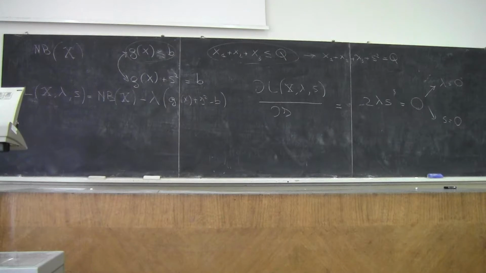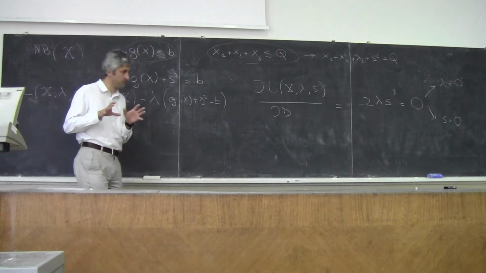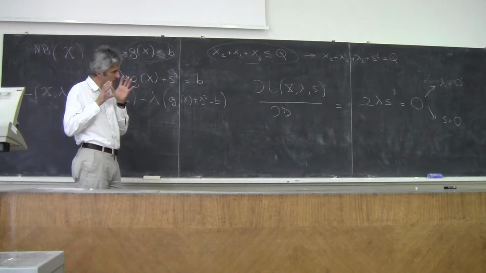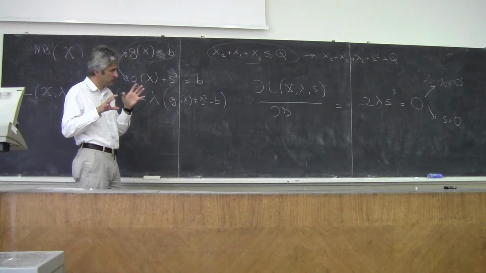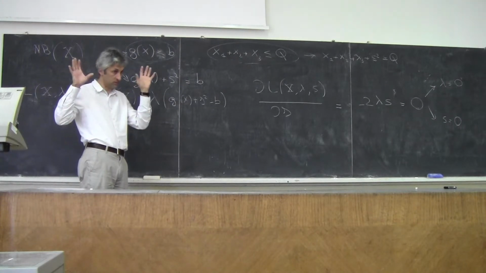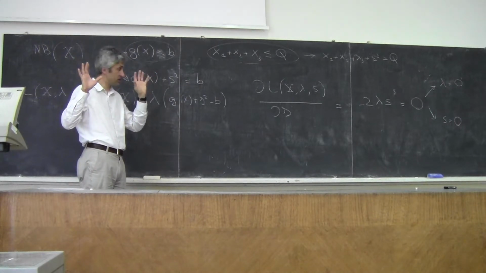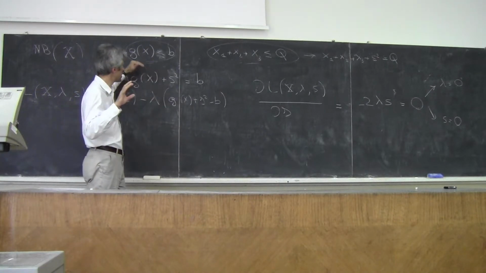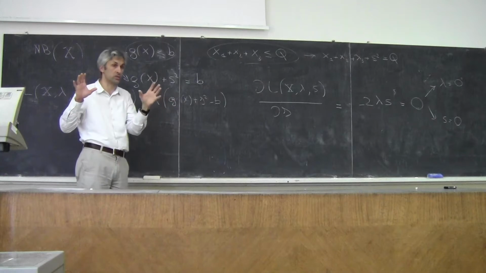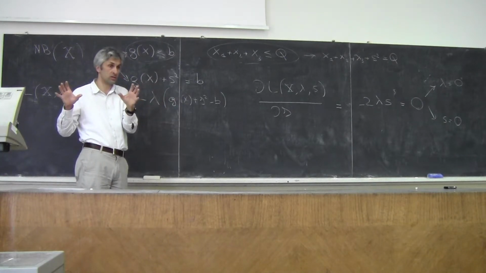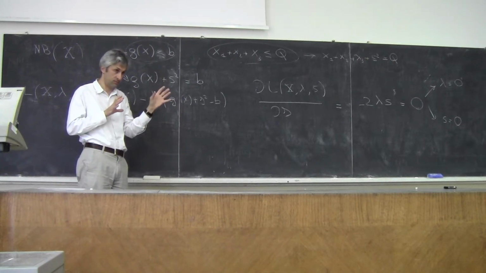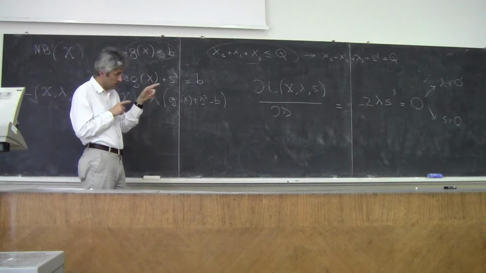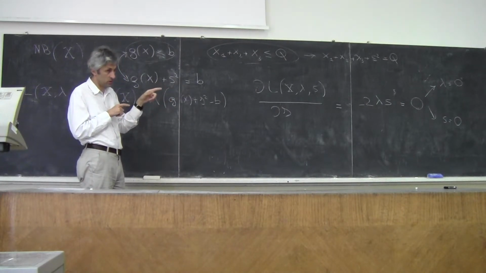What does this mean? It's very easy to understand the meaning from a physical point of view. What does it mean if s is equal to 0? First, let's think of the original constraint. The original constraint says that you can use all the water or less than that. What means s equal to 0?